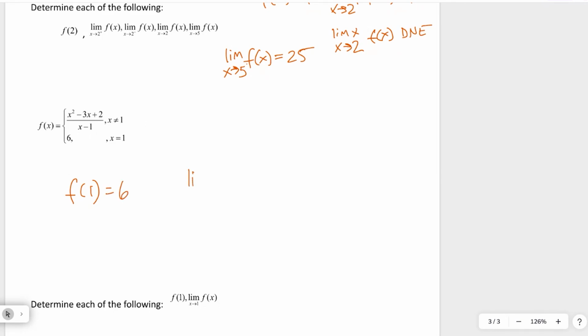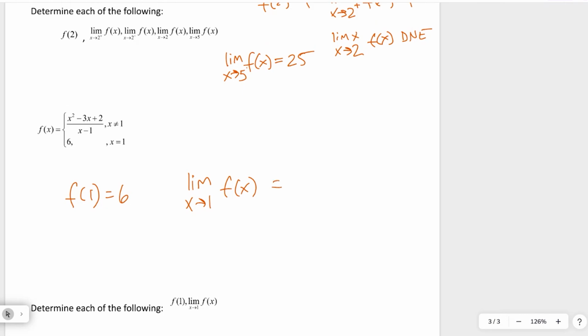But if I want the limit as x approaches 1 of this function, now I have to look on either side, meaning I've got to be looking at the other function, where x goes to 1 for the top piece.